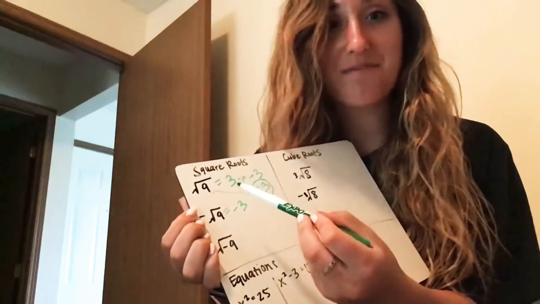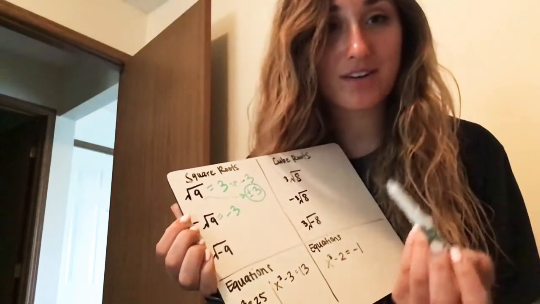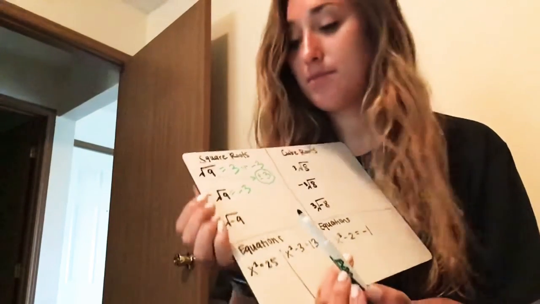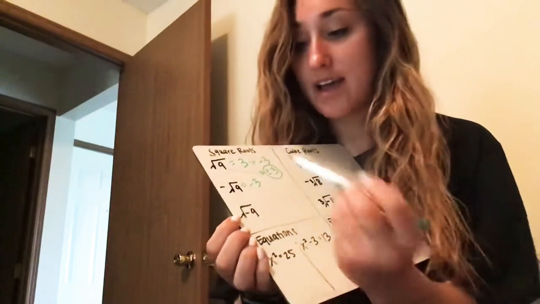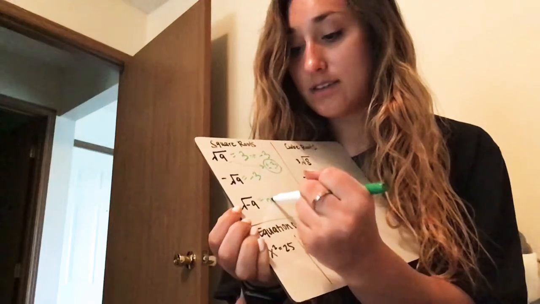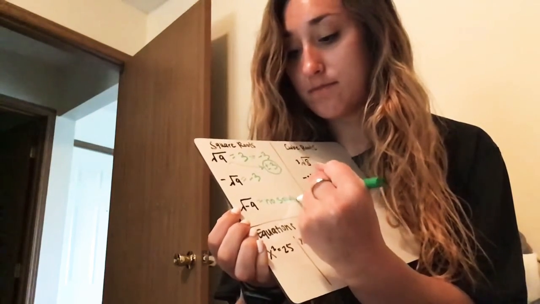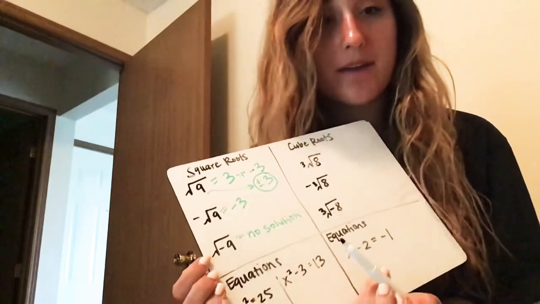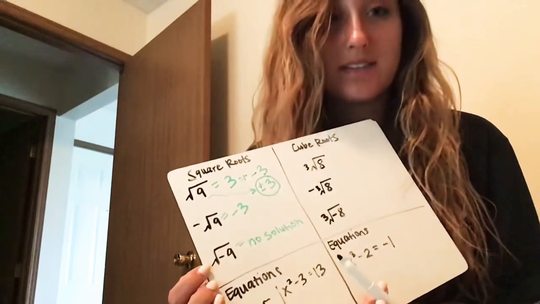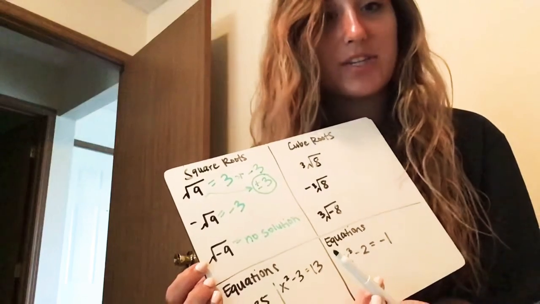I know you always just thought it was 3, but that's before we covered negative numbers. So back down here, the square root of negative 9 is no solution. We can't do it. There's no number that we can multiply by itself to give us negative 9. So we just leave it like that.